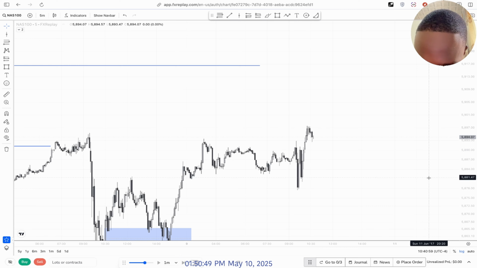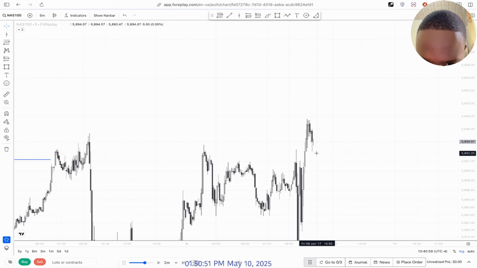But I think this one would be considered a valid drop. Well, it hasn't reached inside the fair value gap yet, but I think that would be a good place to enter, just right here. So let's take a buy here. Stop loss at the low. TP here at 2R. Let's play it and see.